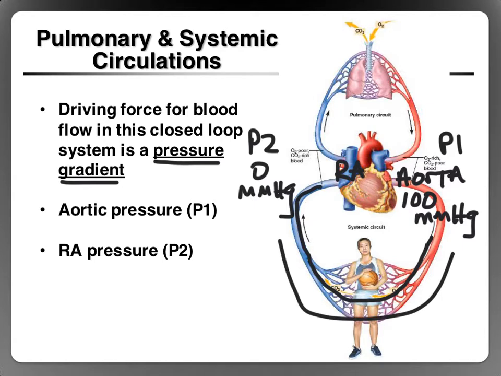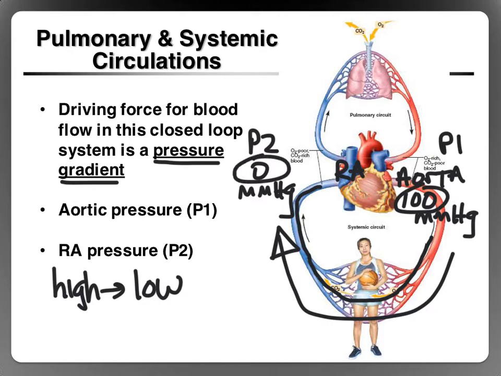Okay, and so you can see the blood is always flowing in this direction. You don't get backwards blood flow. Part of the reason it flows in this direction is because there's a pressure gradient pushing the blood in this direction. Okay, so blood always flows from high to low pressure. Okay, so if the pressures are different, 100 here, 0 here, we have a pressure gradient. And the blood is going to flow from the high pressure to the low.